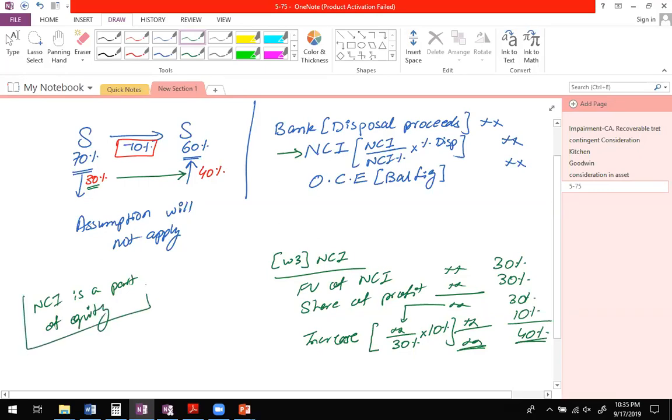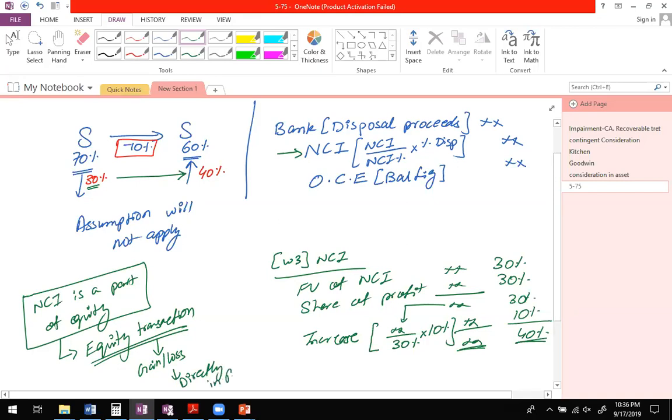Therefore, we call this transaction an equity transaction, and for all transactions which relate to equity, the gain or loss is directly recorded in equity. So this is why we are not taking it to the P&L, rather we are taking it directly to the retained earnings or the equity.